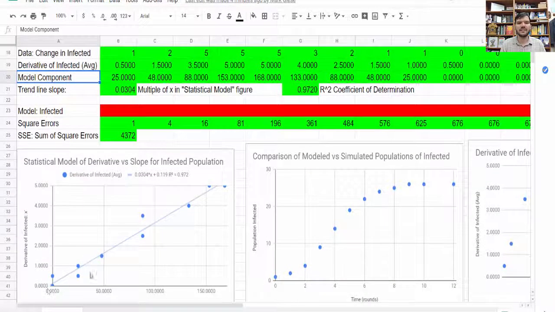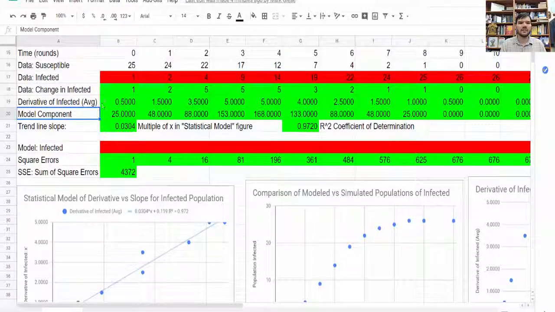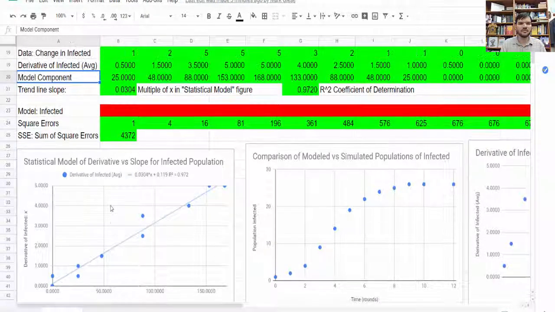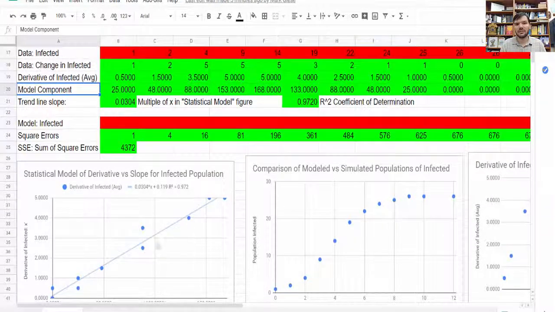And that's graphed over here. Is there a linear relationship between the model component and the data? And this one looks pretty good. Has an R-squared value of 0.972. So that's a very good fit.